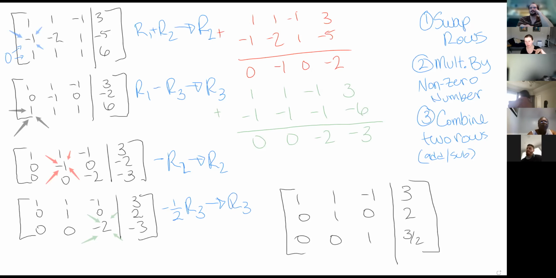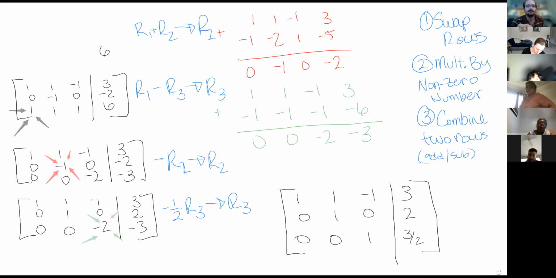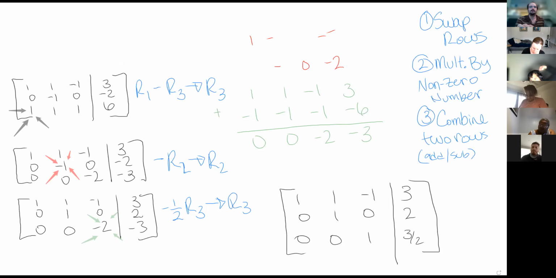Because I'm going to start erasing a little bit of it so that I can do the backwards substitution part with y'all. No? Okay. So I'm going to start erasing at the top left so that I can work on the backwards substitution. If you're done, start doing it. Start writing it in equation form. Don't wait for me, because it's going to take me a second to erase this stuff.